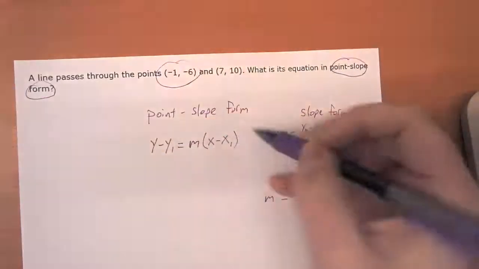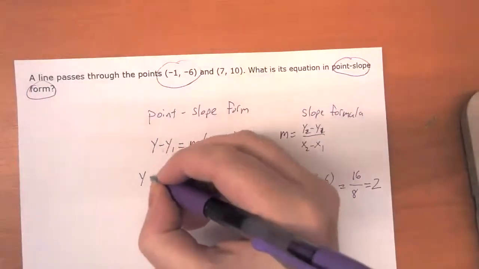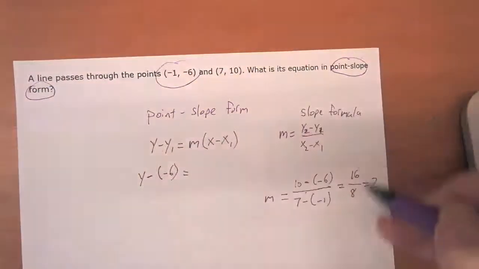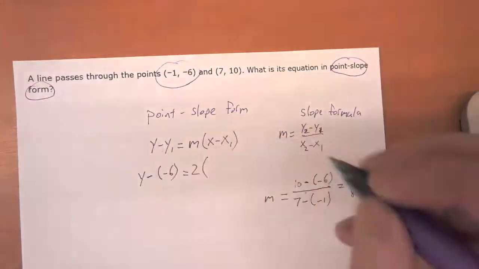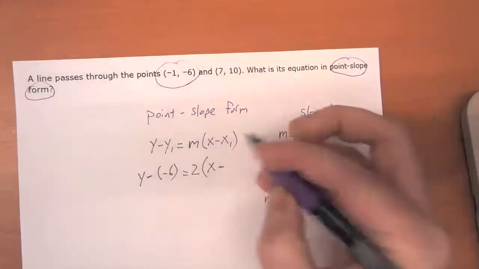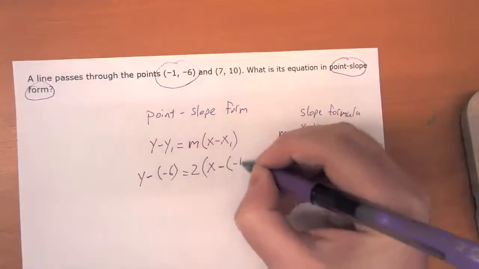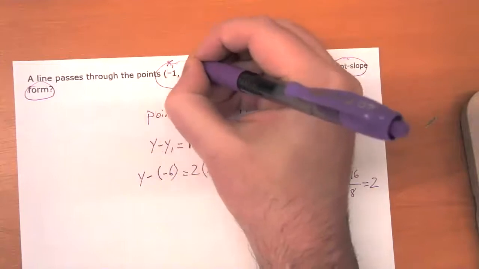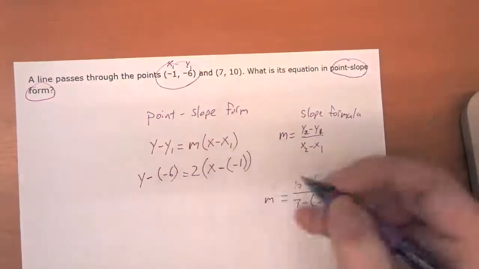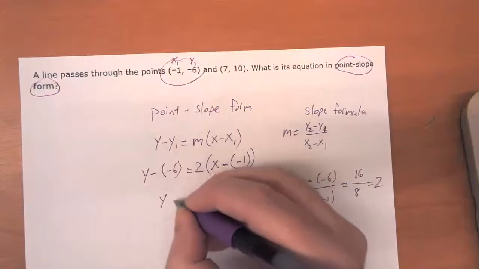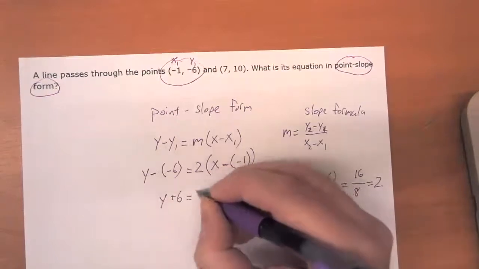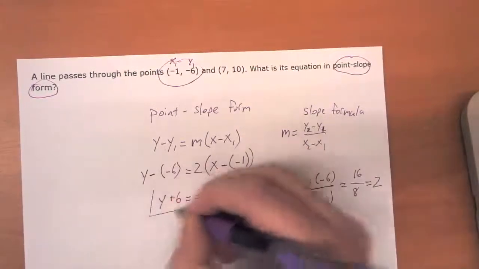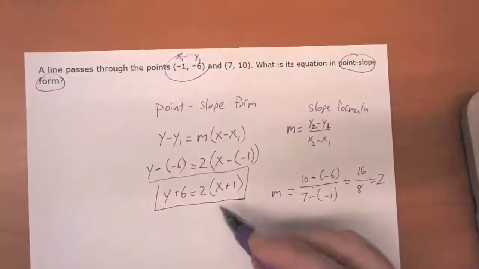So if we were going to write this kind of one step at a time, we could say y minus -6 is equal to m, which is 2, times x minus x1, which is -1. All right, so this would be our x1 and this is our y1. And then just to turn this into 2 times x minus -1 is x plus 1. All right, so this is one equation of the line.